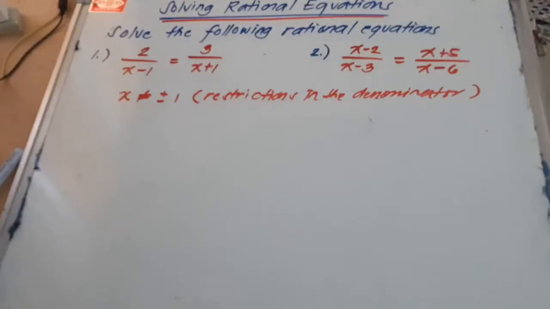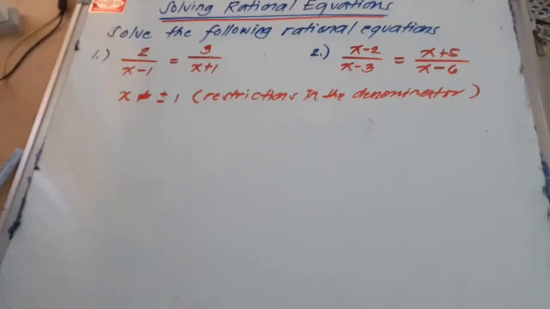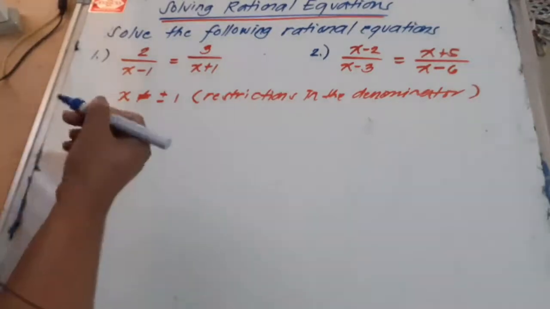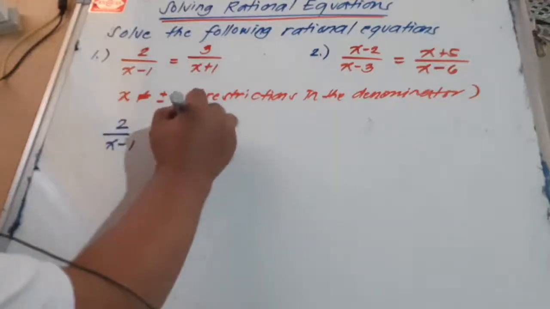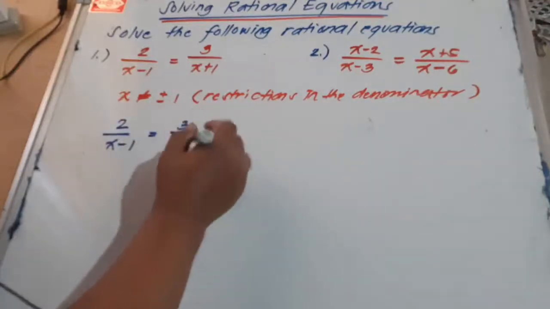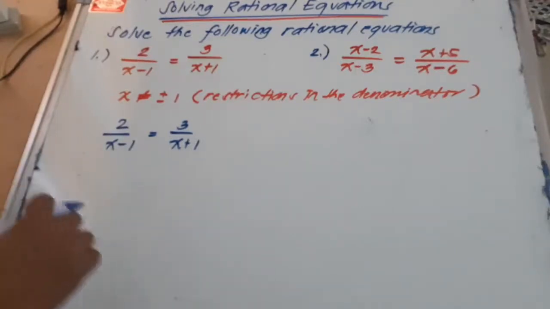Now, we already have the restrictions no sa ating denominator ng rational equations. We are now ready to solve the rational equation. Okay? So, 2 over x minus 1 equals 3 over x plus 1. So, sa pag-solve ng rational equation, ang gagawin nyo lang is to eliminate the denominator. Okay?